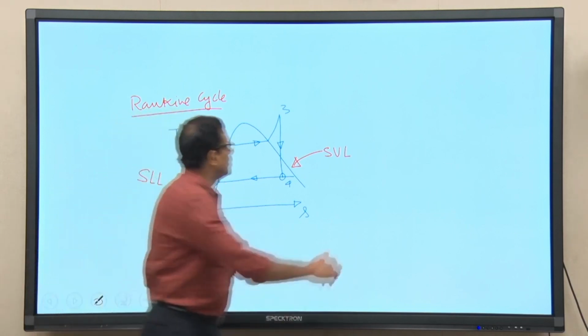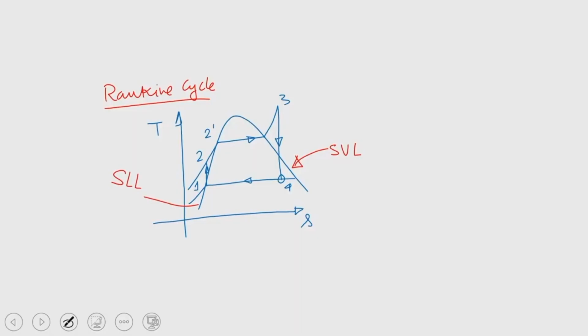So, if we try to draw the schematic again, so this is the boiler, this is the turbine.